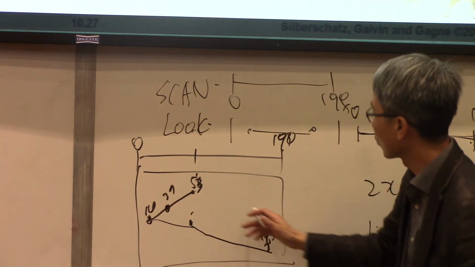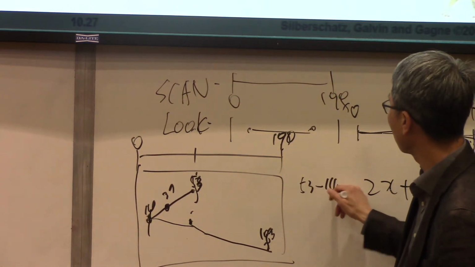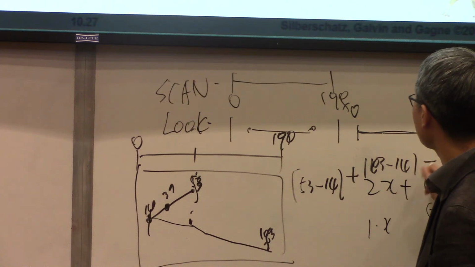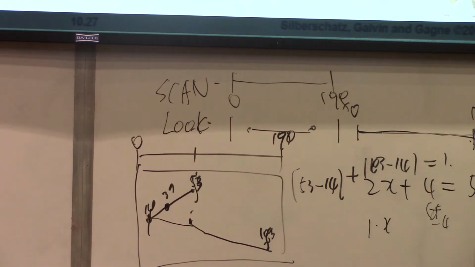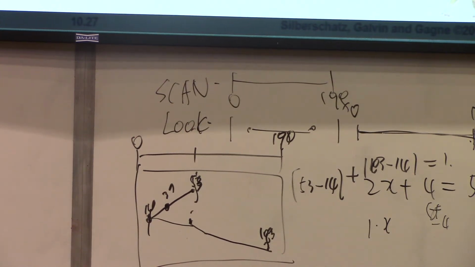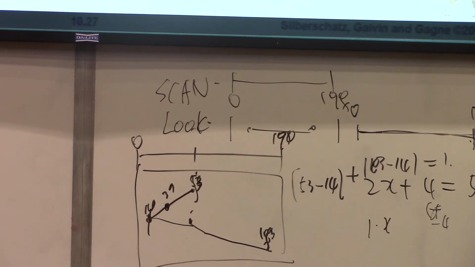So you can sum up 53 minus 14 plus 183 minus 14. This is the total moving distance of the LOOK algorithm. So scan and LOOK are the same except whether you touch the 0 and the highest cylinder number or not. That's the only difference.